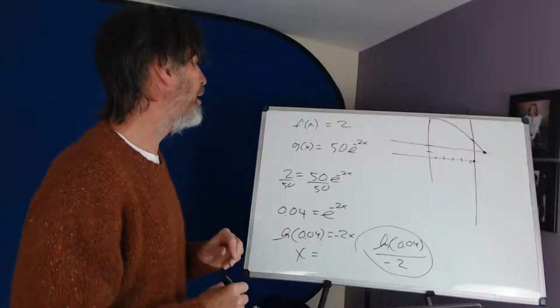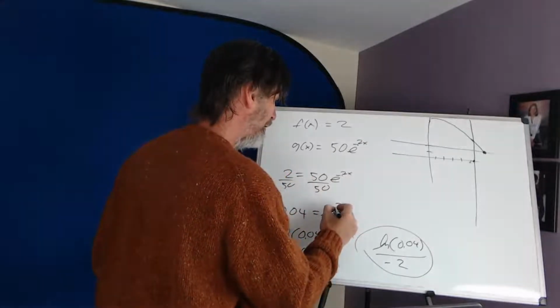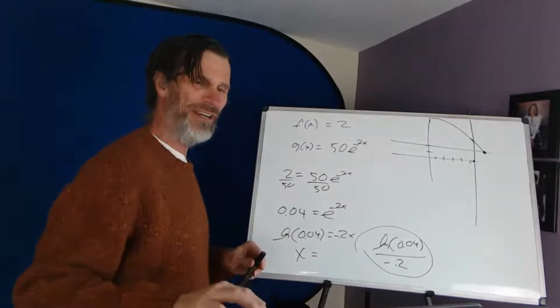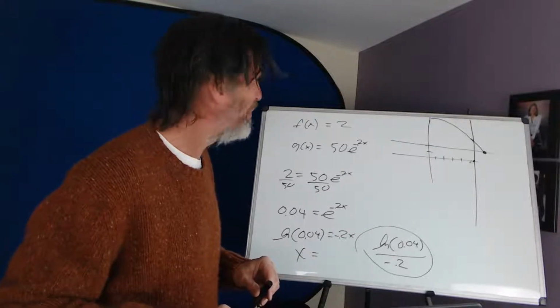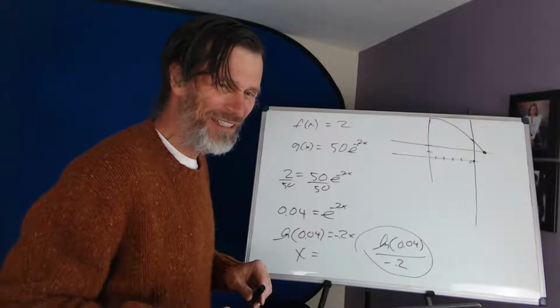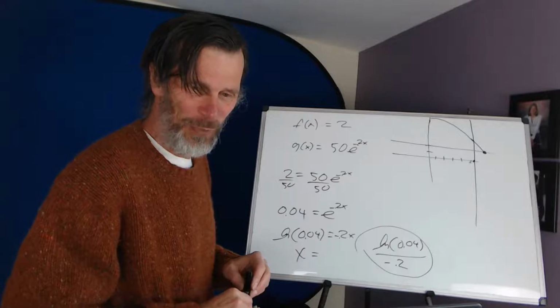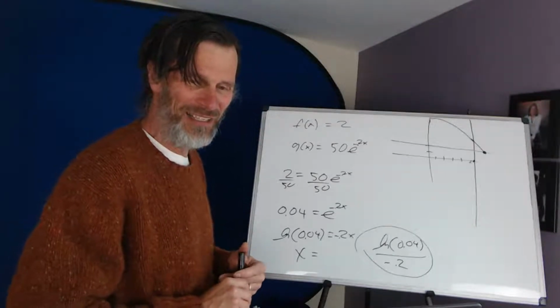Oh, negative 0.2x. Oh, thank you. Gotcha. Throw a 0.2 in there. Nice. So I copied the problem wrong, evidently. Negative 0.2x. Good catch. Thank you. Got 1.61. It's definitely a decimal.